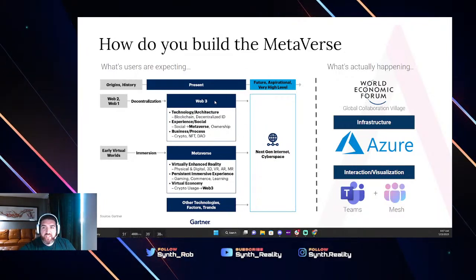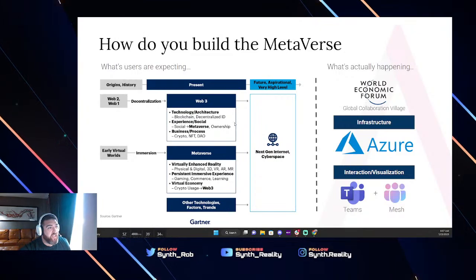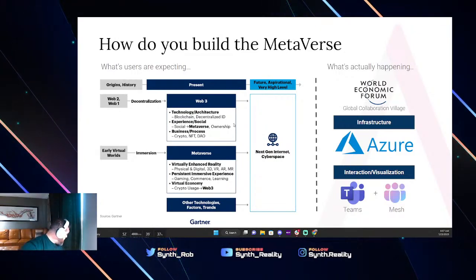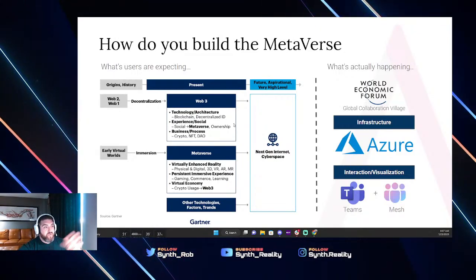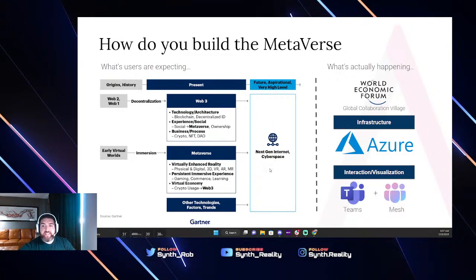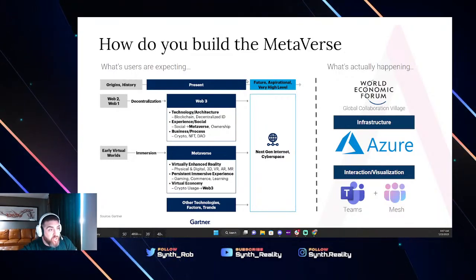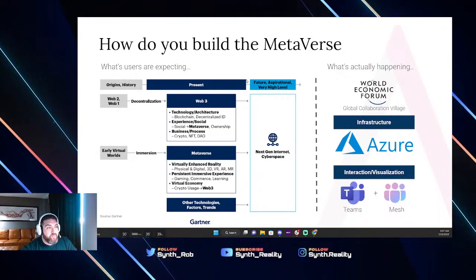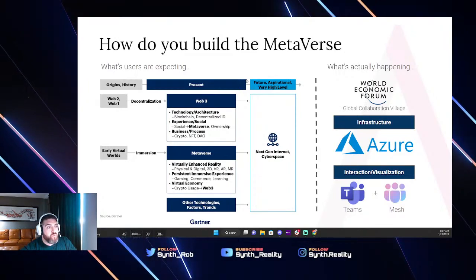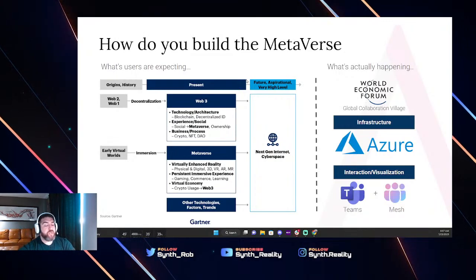With all of that combined together, we get this next generation of cyber experiences. That is what people want to be building related to cryptocurrency, metaverse, Web3, decentralization. That is the metaverse projected.